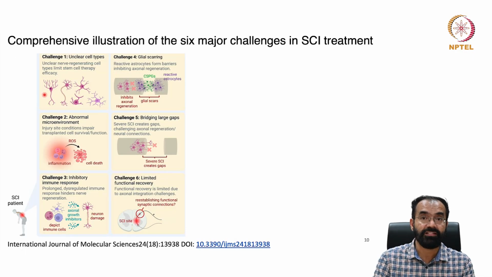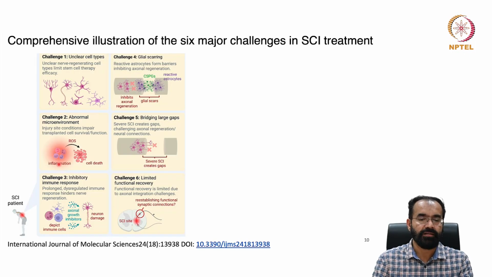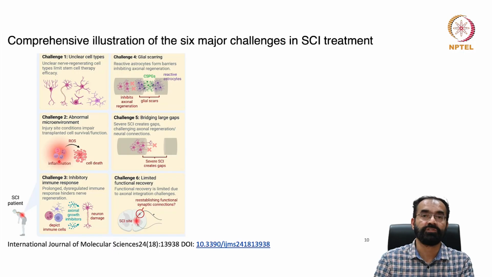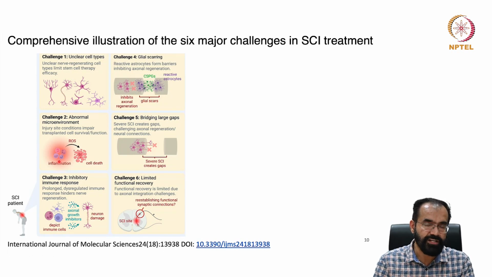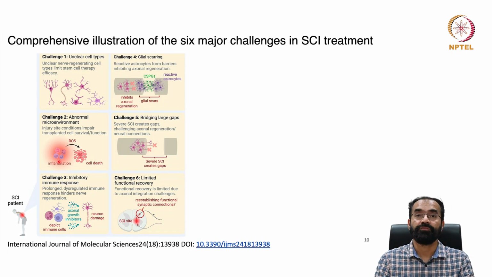Coming back to this point, we should understand that each of the 6 challenges we saw comes with its own baggage. Inflammation creates lots of free radicals, and although inflammation is needed for the initial immune response, these free radicals can cause cell death also. So even if an injured spinal cord thinks of regeneration, the ROS formed can inhibit its normal survival.